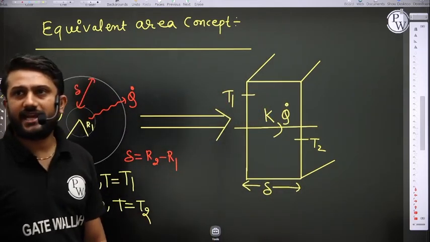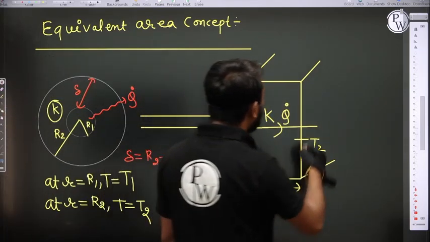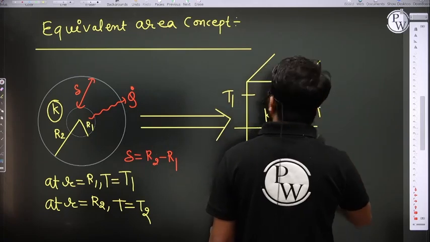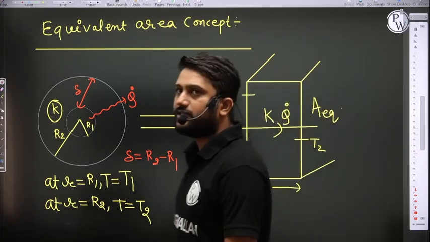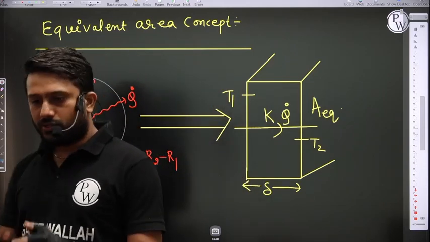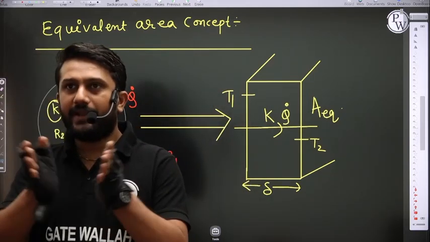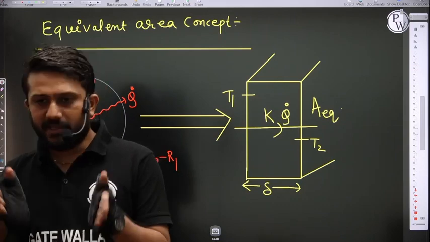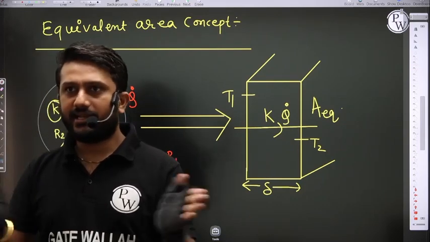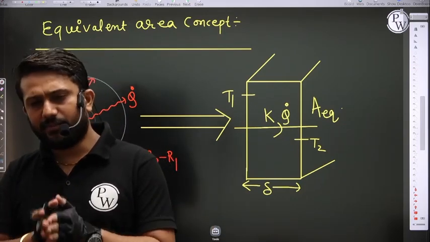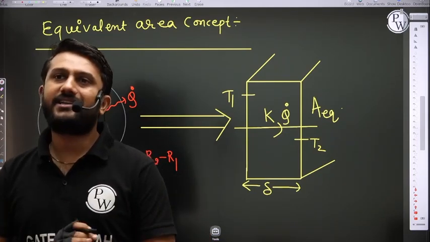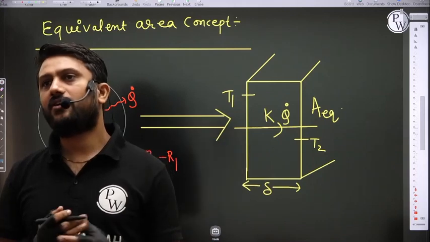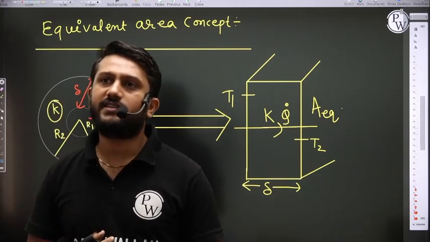So the question is, what is the area of this plane wall? That area is known as the equivalent area. So if I replace the hollow cylinder with a plane wall in such a way that the thickness is the same, the material is the same, the temperature difference across the surfaces is the same, and the rate of conduction heat transfer is the same, what is the area of this plane wall?